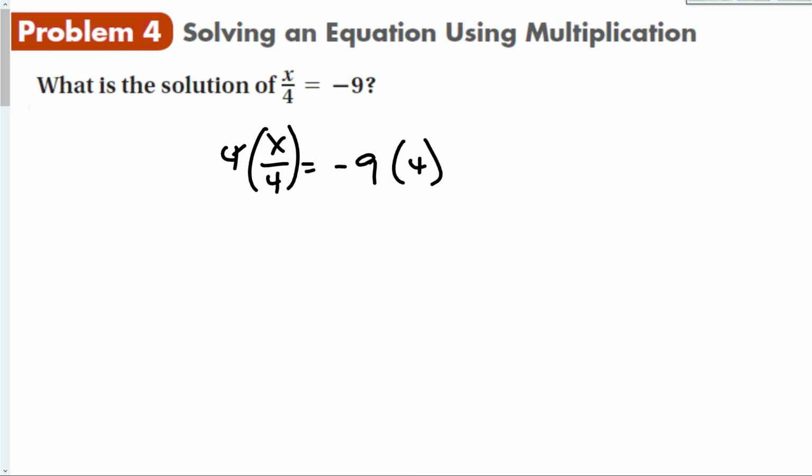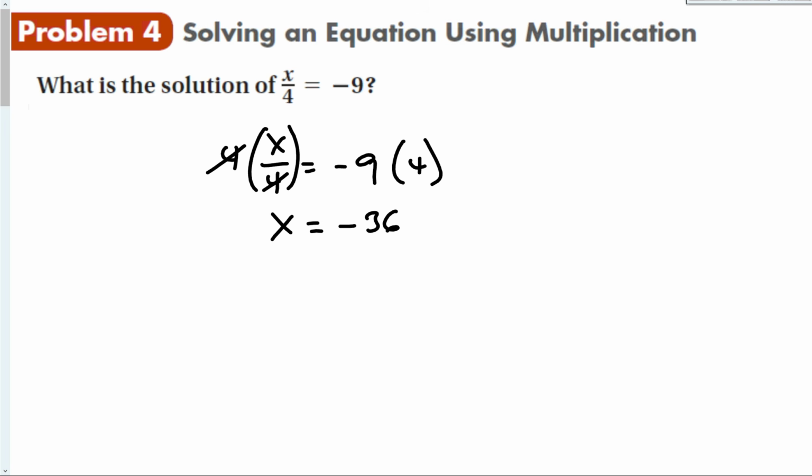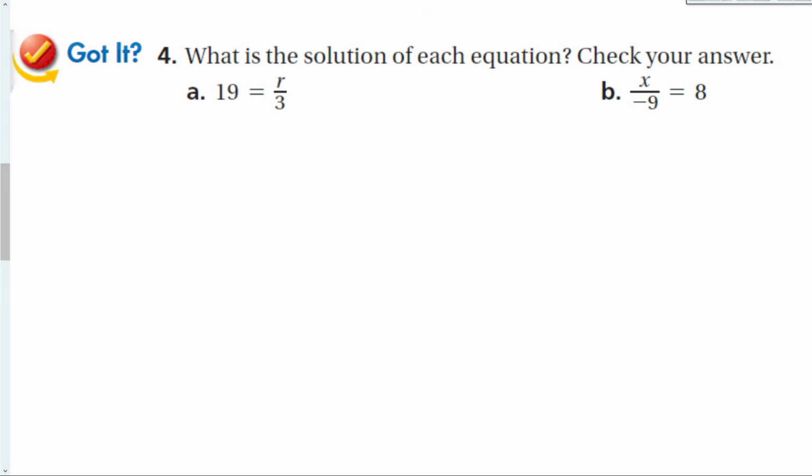These two will then cancel out, and we'll have x is equal to negative 36. So when we see these expressions with a variable divided by something, we are going to clear that something by using multiplication.